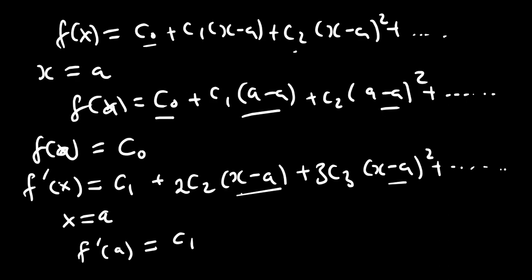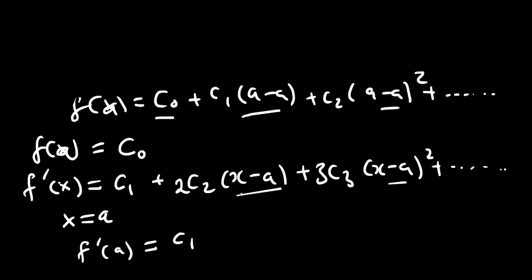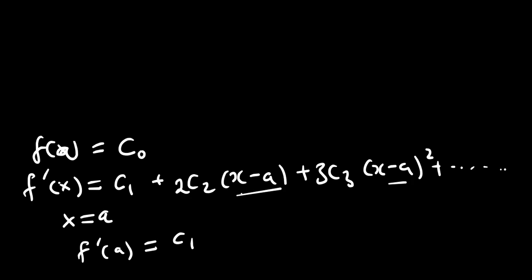Okay, so I can continue this for the next one. Let's say I find the second derivative of f of x. It is going to be 2c2. Then, as I can observe, when I differentiate, this power 2 multiplies with the 2 there, so I can just write it as 3 multiplied by 2.